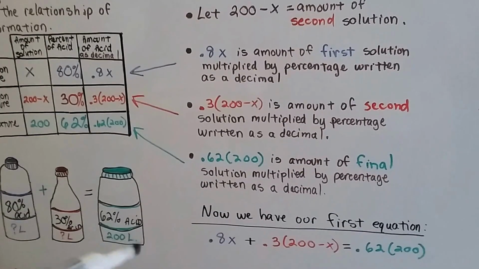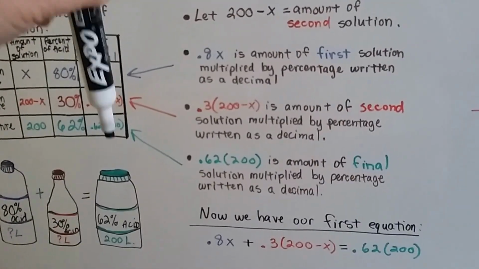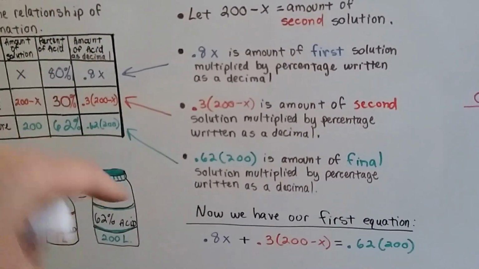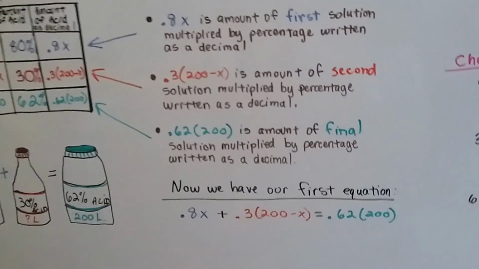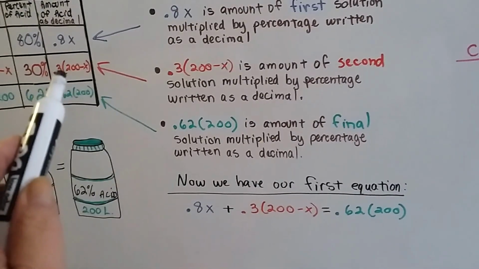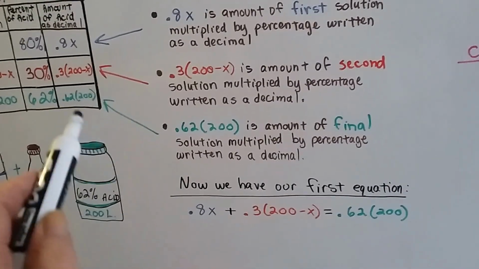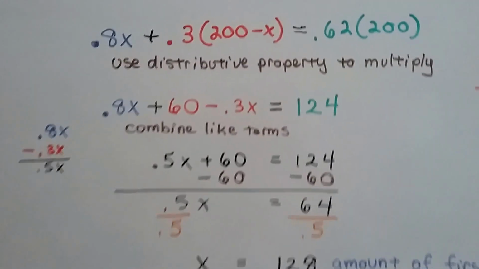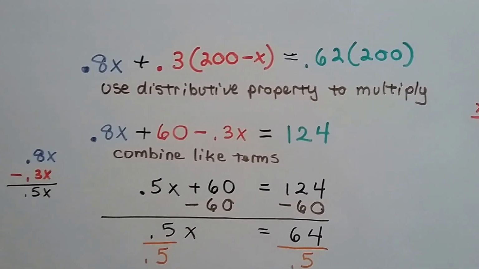Now going straight down in this column, 0.8x, we have our first equation. We've got 0.8x plus 0.3 times 200 minus x equals 0.62 times 200. So here it is again, and all we have to do is use distributive property to multiply.